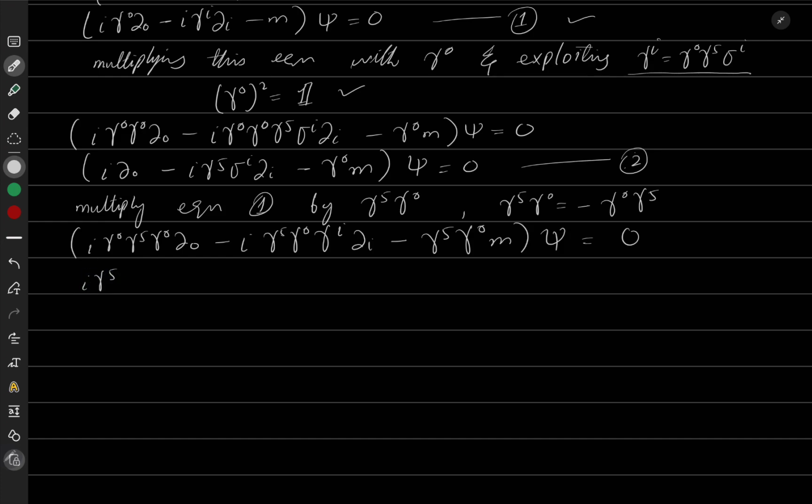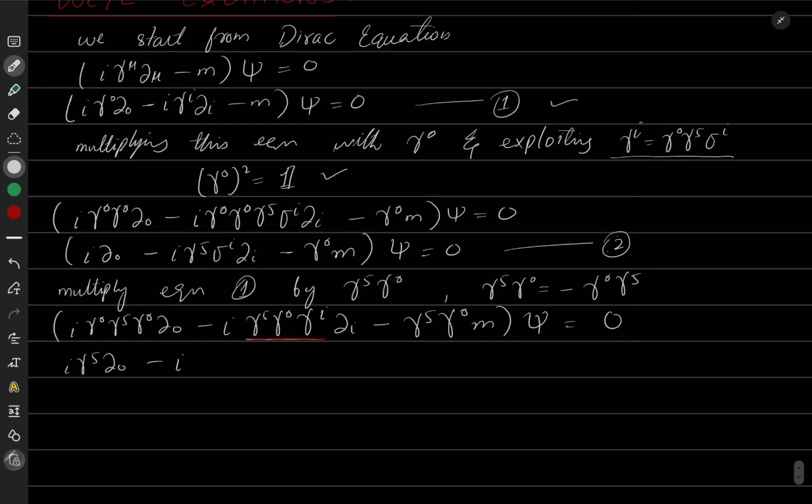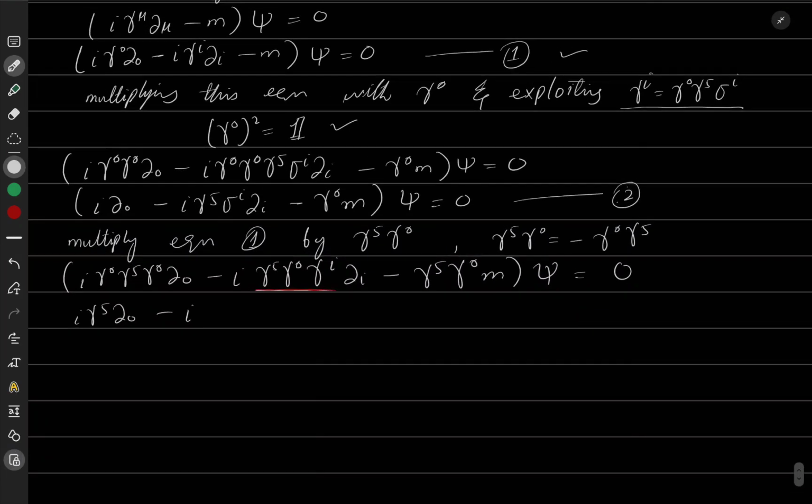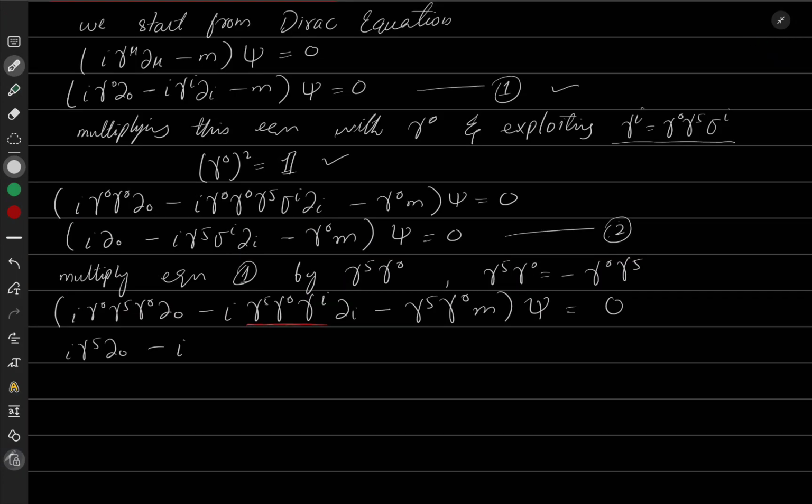So iγ^5 ∂_0 minus i, and for this I use the identity I explained earlier, γ^0 γ^5 σ^i ∂_i, minus γ^5 γ^0 m, is equal to 0.